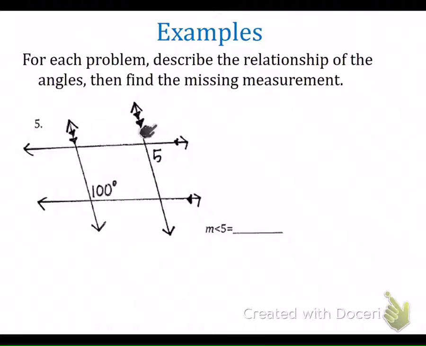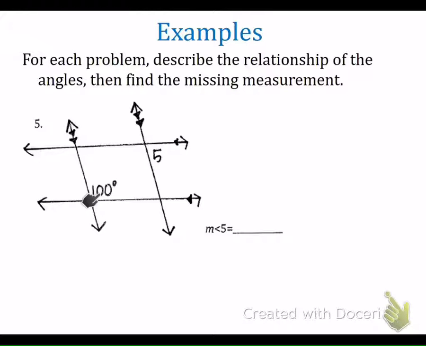These 2 lines are parallel, right? Now, we need parallel lines with one transversal in order to name it one of the things we were just talking about. So these 2 are the parallel lines, and this one's the transversal. This guy's too far away. If we make this the transversal, now he's too far away. So we have to use a stepping stone, because I need to get from this one all the way over here.